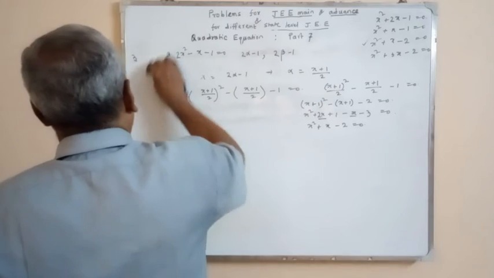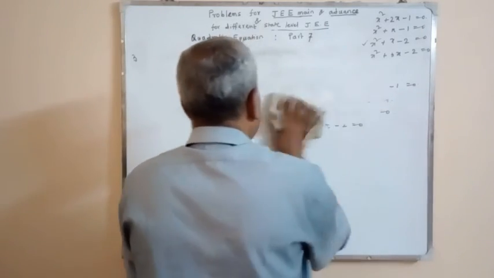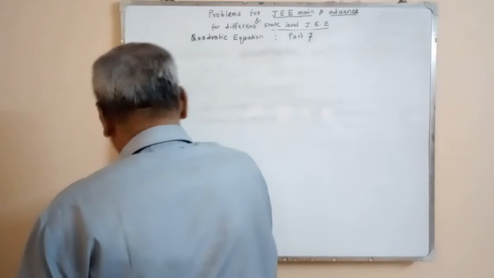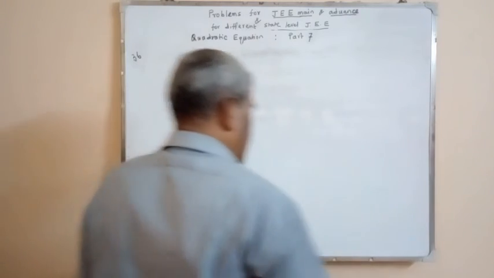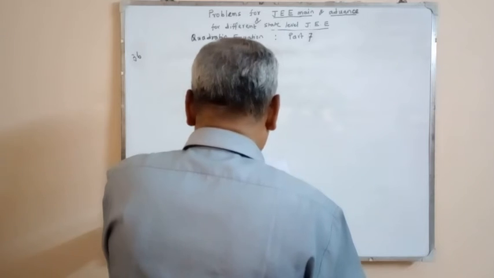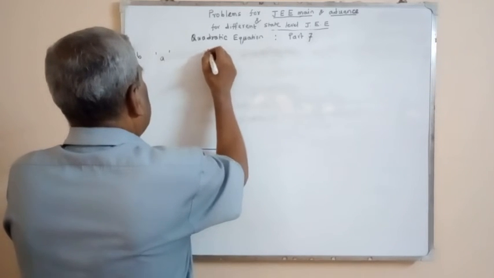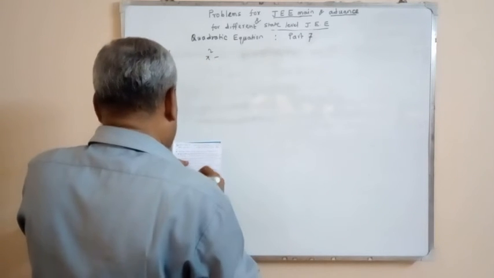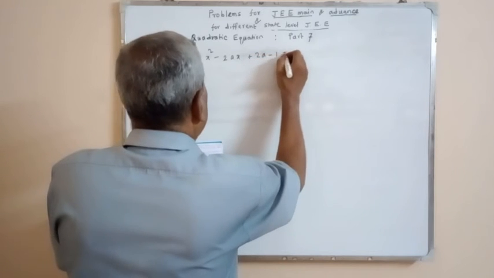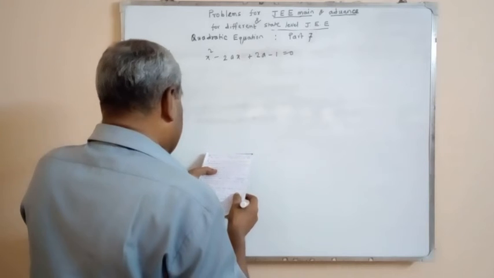Next, problem number 36. The range of a so that both roots of x square minus 2ax plus 2a minus 1 is equal to 0 are greater than half.